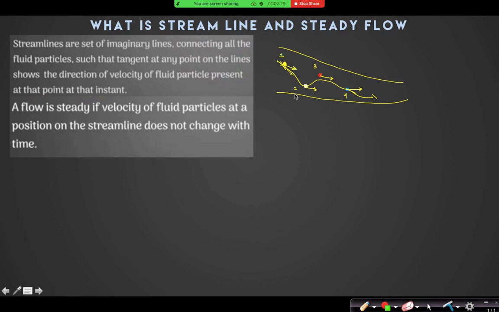Now I will draw a streamline and you will see that this line will represent a streamline. How will we draw it? We'll draw such that the tangents are along that. Suppose now I draw the streamline like this.